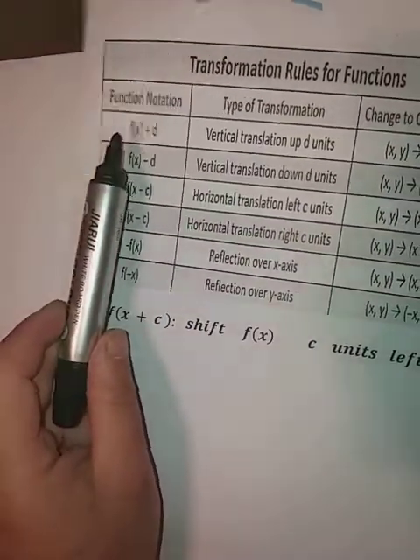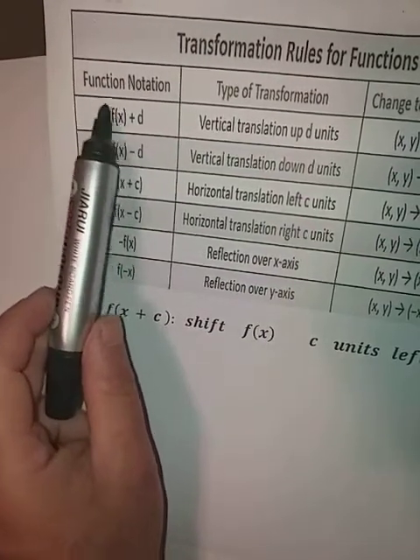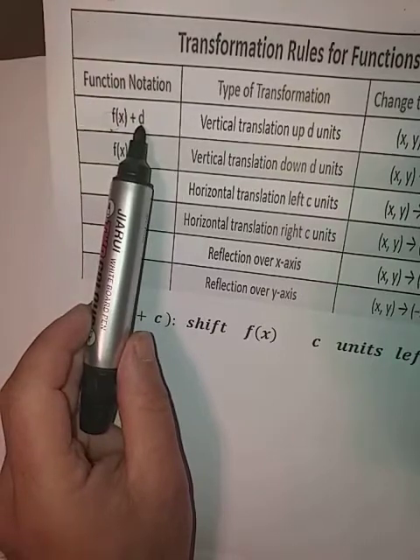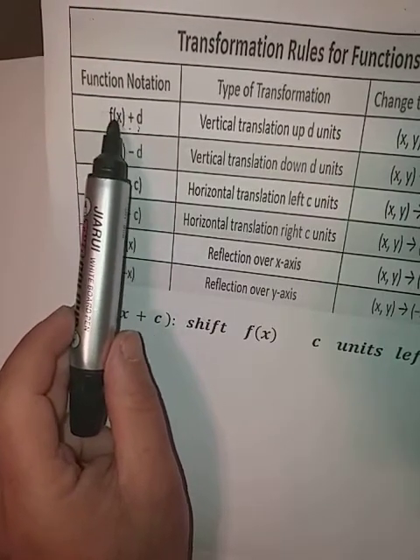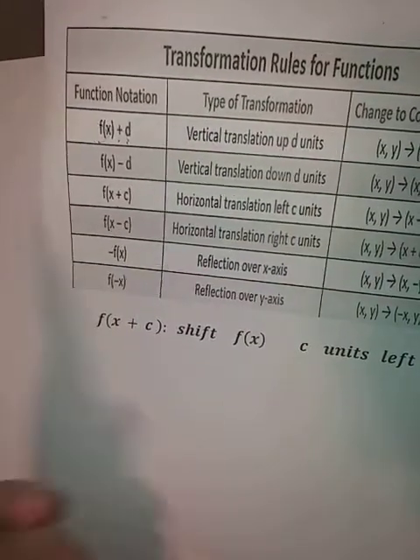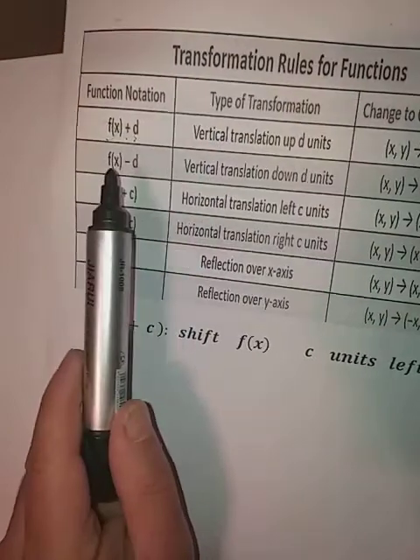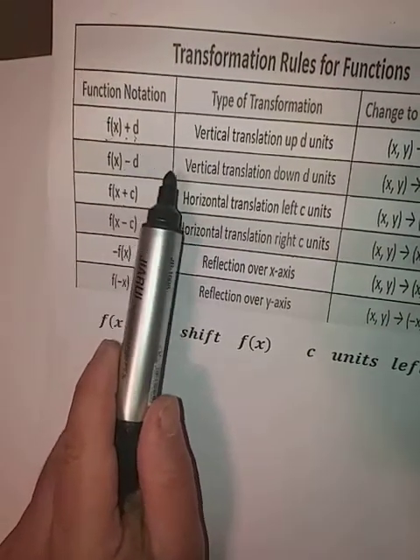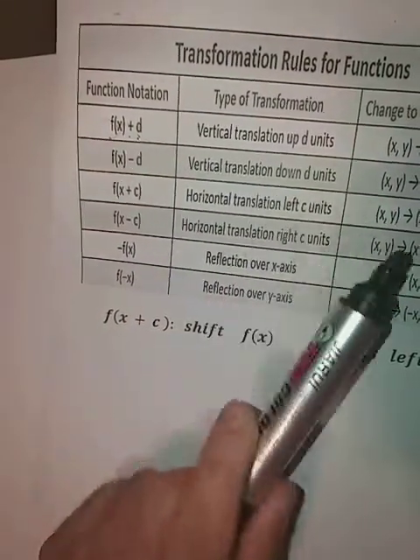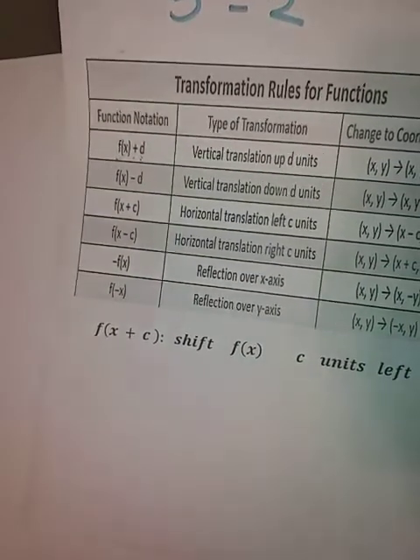I will repeat. If you have f of x, any function, plus any number outside the bracket, then it is a vertical shift, d units up. If you have minus, then it is a vertical translation down, you go down.